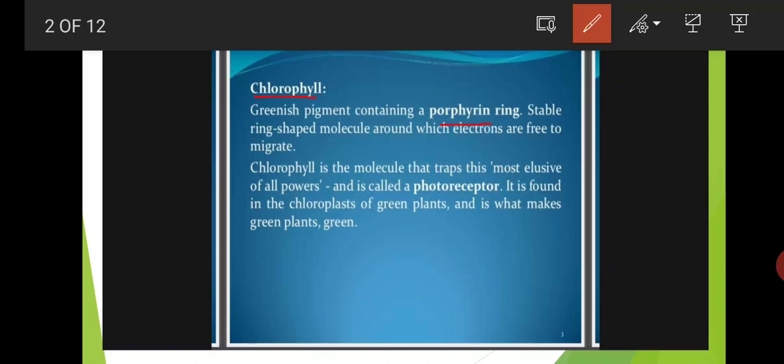Chlorophyll is a molecule that traps this most elusive of all powers and is called a photoreceptor. It is found in the chloroplast of green plants. Where is chlorophyll present? In the chloroplasts of green plants, and it gives the green color to the plants.